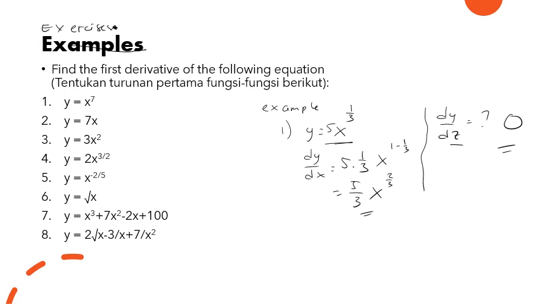Okay. And now we'll take an example like number 8. So say here y is equal with again 5x^(-2/3) minus 3x. Okay, so what is it now?